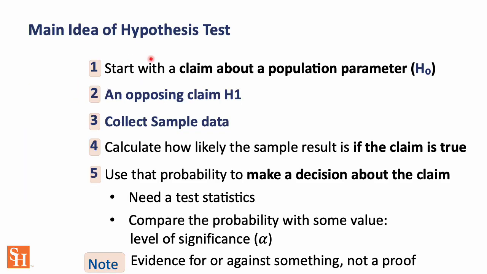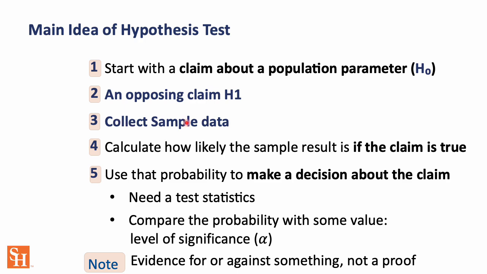Let's discuss the main idea of a hypothesis test. For a hypothesis test, we start with a claim, right? We start with a claim about our population parameter, which is our null hypothesis. Then we have an opposing claim, which is the alternative hypothesis, and then we collect the sample data.